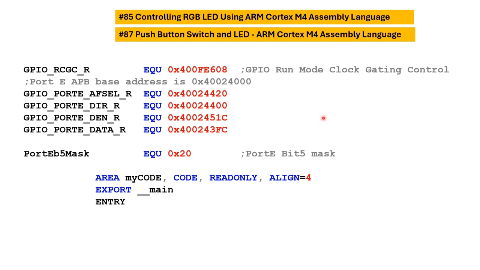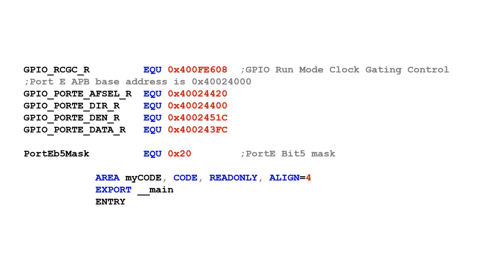But like I said, if you want more details, please refer to these videos. I've included the links in the description. I'll start off with the definition of the registers used here.